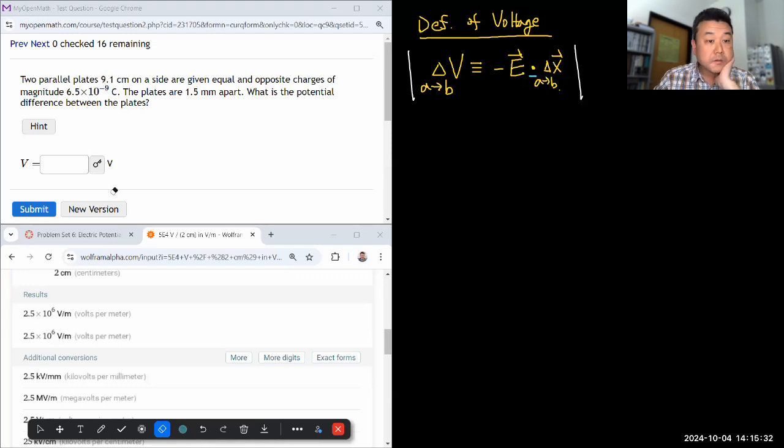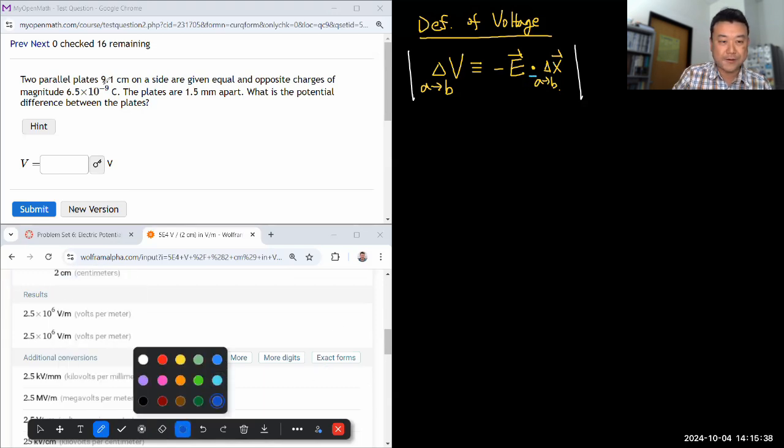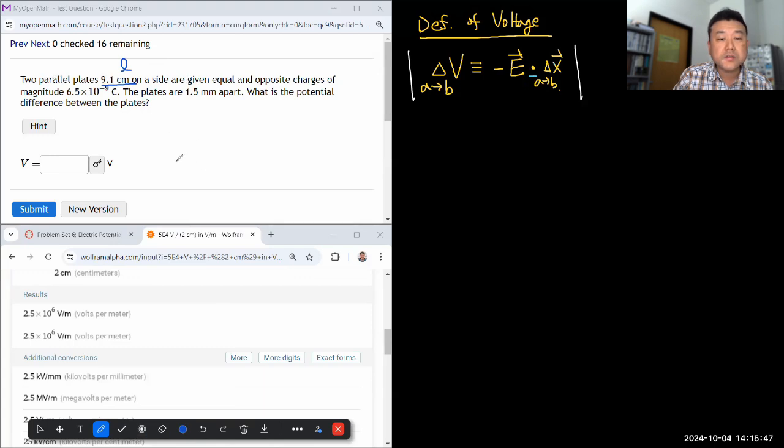So parallel plates. Now we are being given dimensions of stuff. So that worries me. This is like length on a side. So even though they are not saying square, I'm pretty sure they are talking about square plates. This is what made me think, oh, I'm going to have to work out some more stuff.